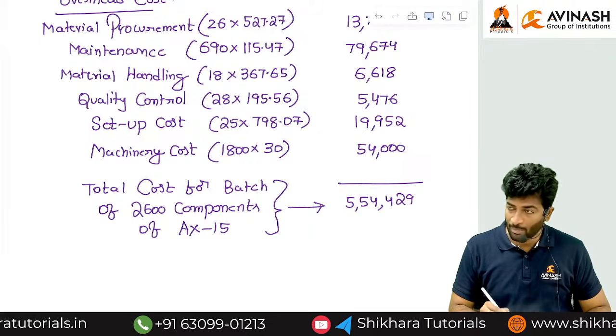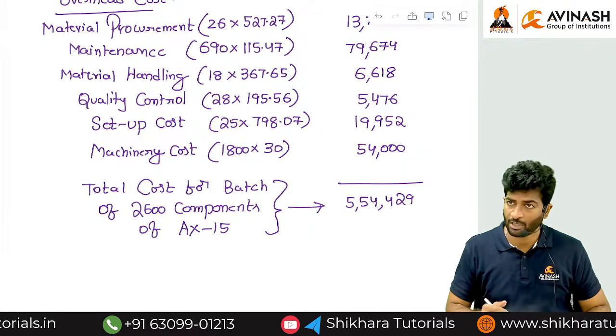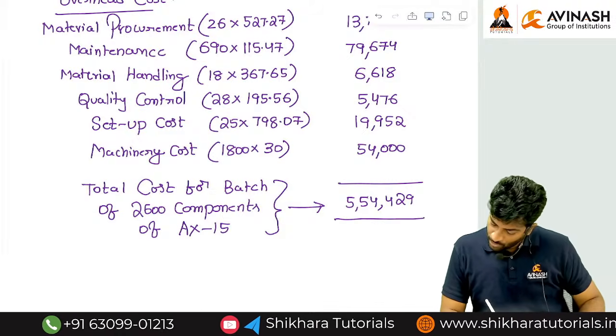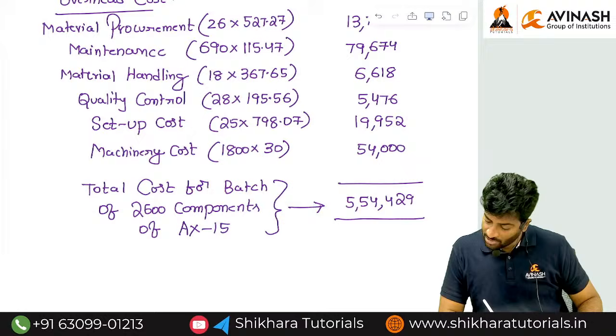For the end, to get cost per component, you can divide with certain the cost of batch of components.